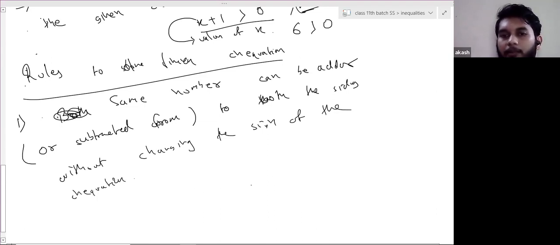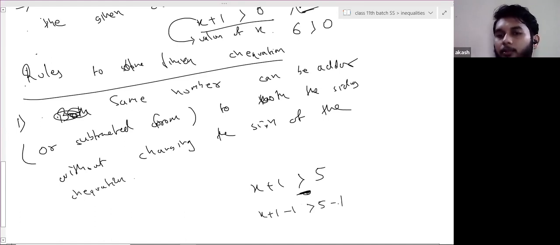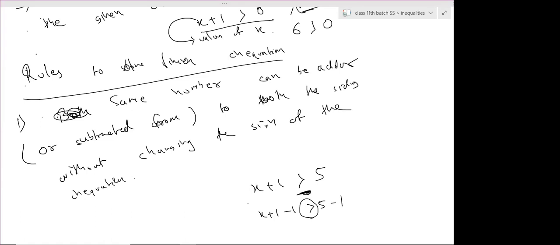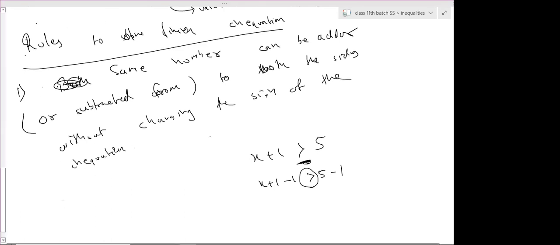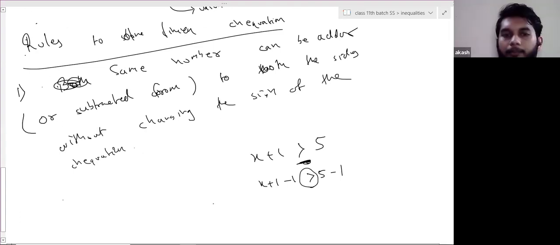This means if you have x plus 1 greater than 5, then you can add or subtract 1 or 5 from both sides, and you don't have to change the sign of inequality. All right, Fahad, what I can do, x plus 1 minus 1 is greater than 5 minus 1. This I can do. If I'm adding or subtracting any number, then I don't have to change the sign of this inequation. Is this clear? Fahad? Yes. All right. Please note it down.